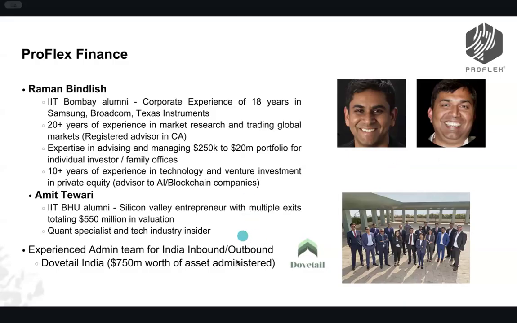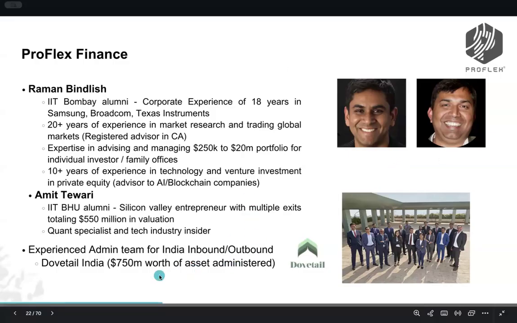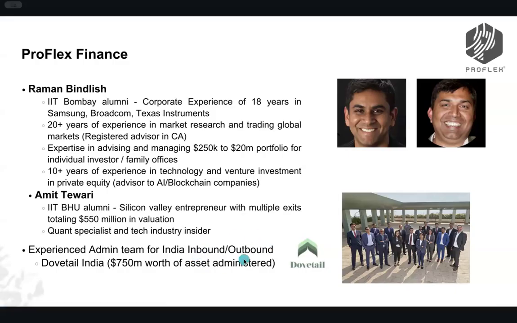More importantly, for India, we are working with Dovetail India, which is managing almost $1 billion worth of assets now, and they offer both inbound and outbound. We have a lot of US investors who invest in India through this vehicle, and we are also now enabling Indian investors to come into the US.